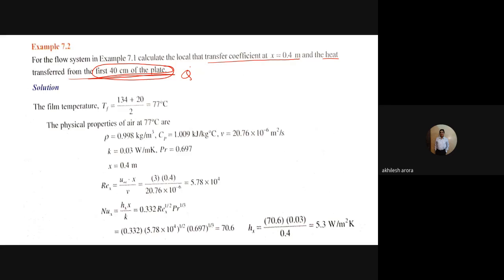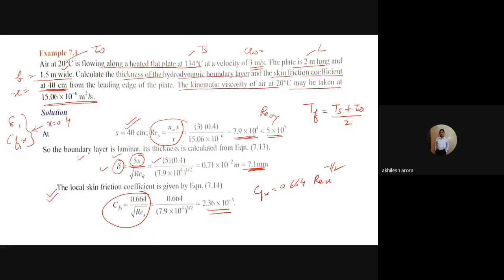So yes, okay, you can see here they are now using this value of 77. That means that particular value can be used for the velocity boundary layer. So for finding out the velocity boundary layer, you can consider this 20 degrees Celsius temperature, which is the temperature of the air.